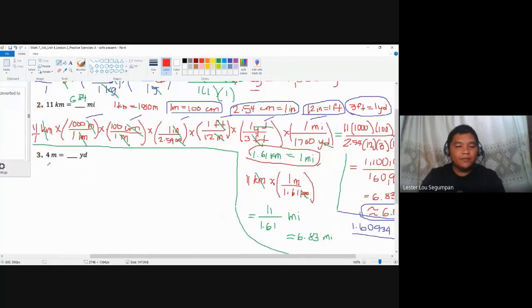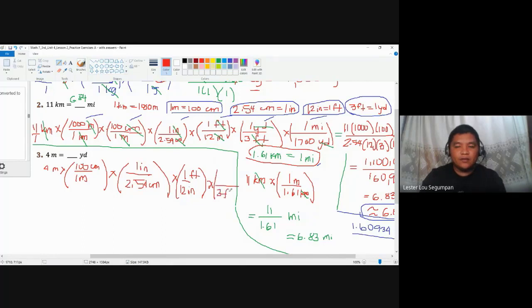So for number three, you have 4 meters. That's 4 meters times 1 meter is 100 centimeters, times 2.54 centimeters is 1 inch, times 12 inches is 1 foot, and then times you have 3 feet is 1 yard.